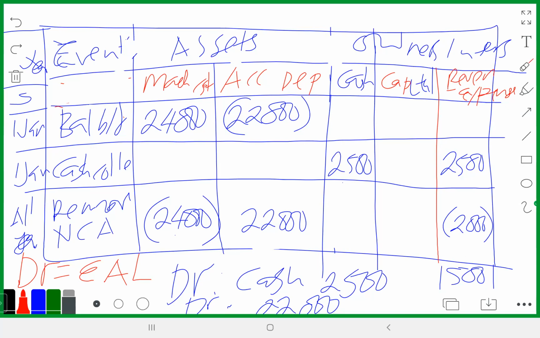So we are saying that the cash account is debited, right? Because cash is an asset. Exactly. Then total depreciation is debited as well because it's an expense. Yes.